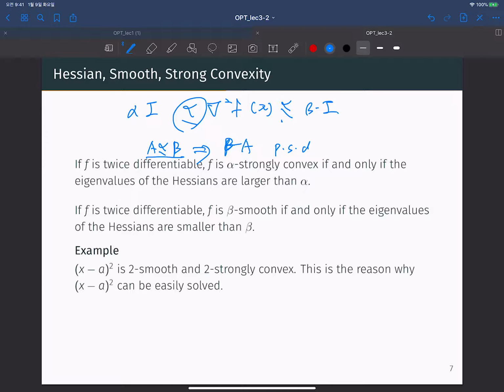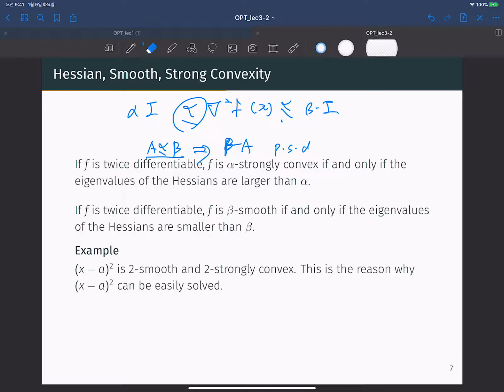So with this notation, beta times the identity matrix minus the Hessian matrix is always positive semi-definite, and so the eigenvalues of the Hessian matrix are always less than or equal to beta. Okay, so if we can easily find the Hessian matrix, and find its largest and smallest eigenvalues, then from that we can say function f is alpha strongly convex and beta smooth.